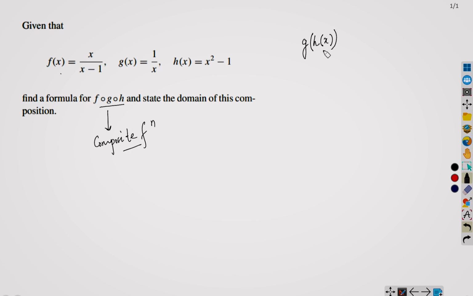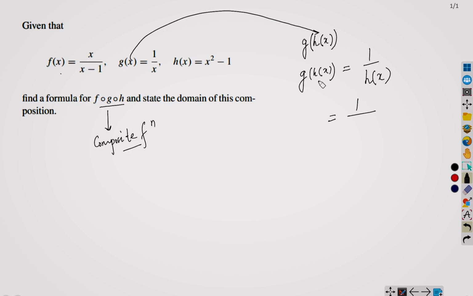What we will do is substitute the value of h(x) in place of x. So we just replace x by h(x) and we obtain g of h(x) equals 1 by h(x), because g(x) is defined as 1 by x.